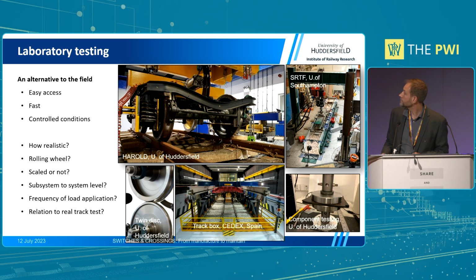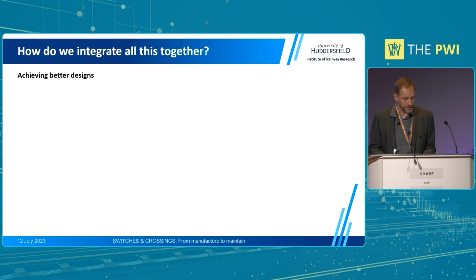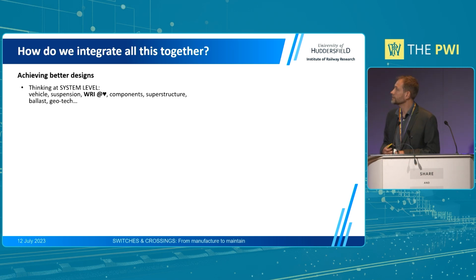Okay, so that leads me to the last sort of discussion points of this presentation. In terms of what we've done, we are trying to help achieve better design from the start, concentrating on the wheel-rail interface. So that's something I'll still send that message and talk about it a lot.